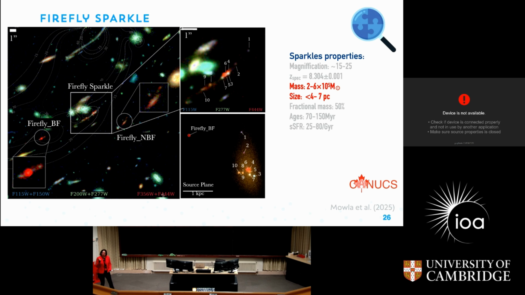The little sparkles have a fractional mass of about 50%, and they are showing very interesting properties. So the nice thing is that this galaxy has a similar mass as the Milky Way progenitor would have at a comparable age. So it's like a really normal run-of-the-mill galaxy with little sparkles that we can see at redshift of 8.3.